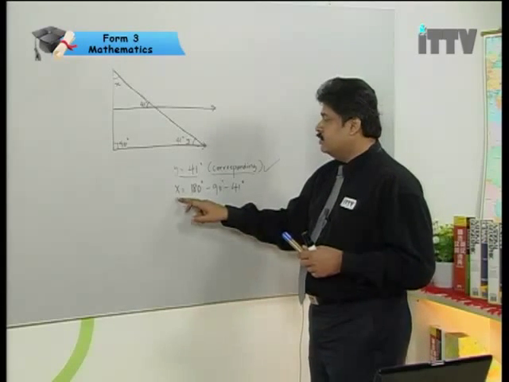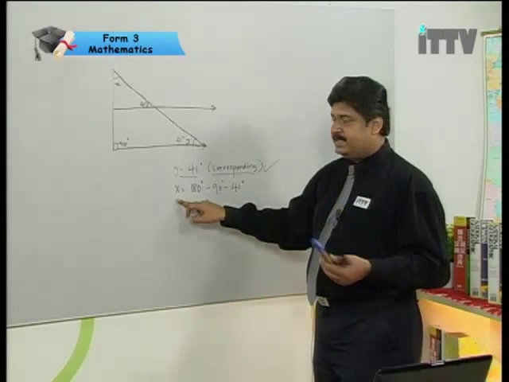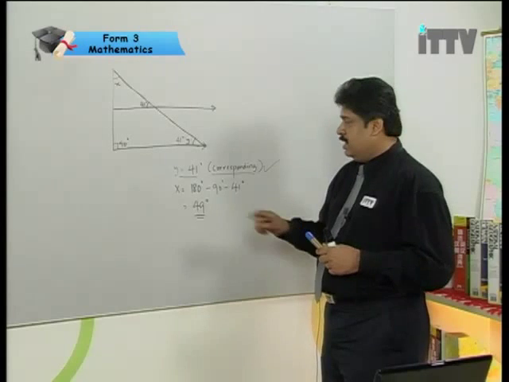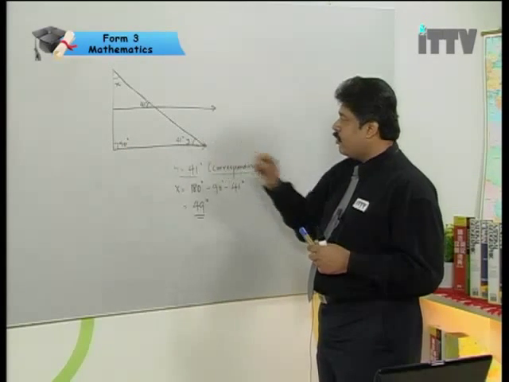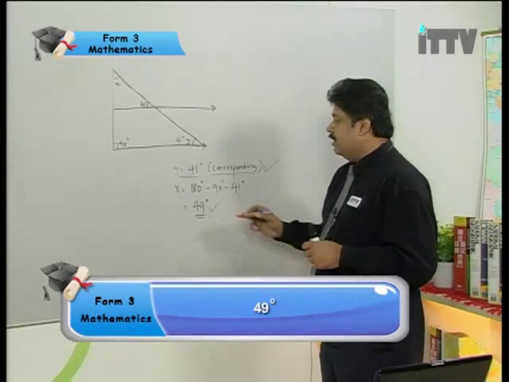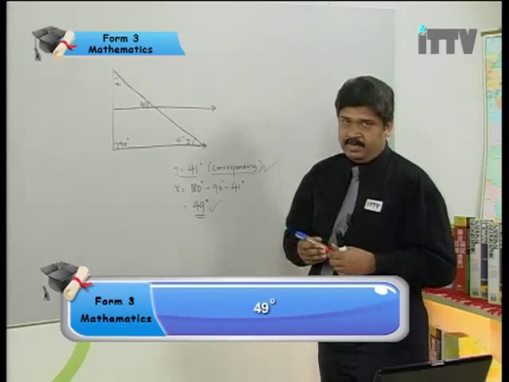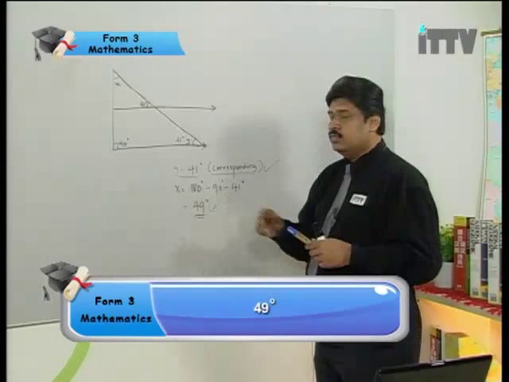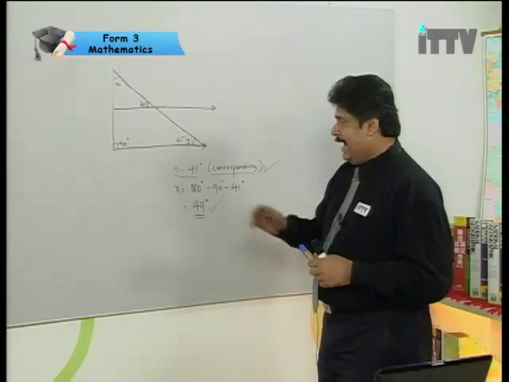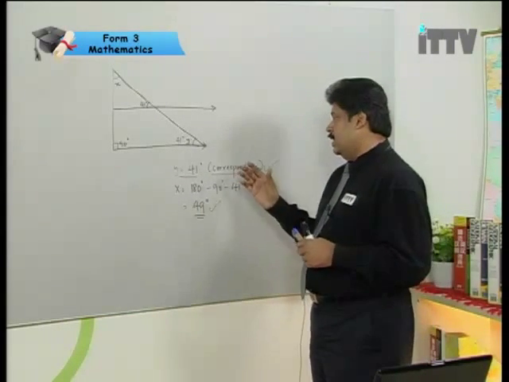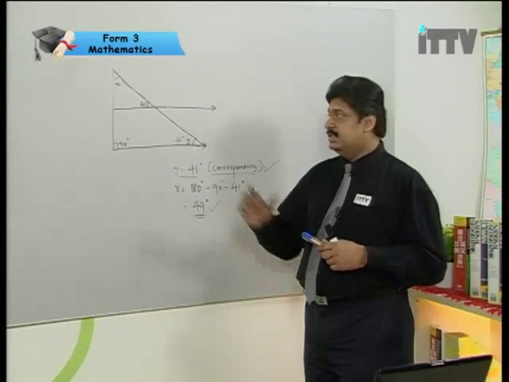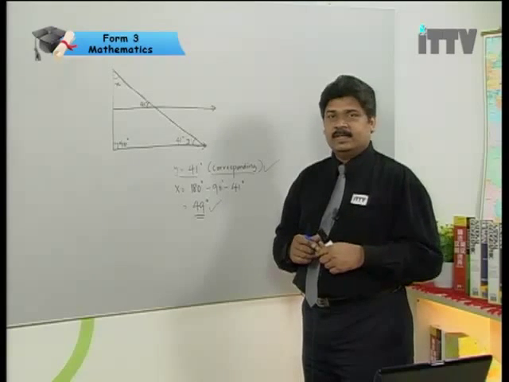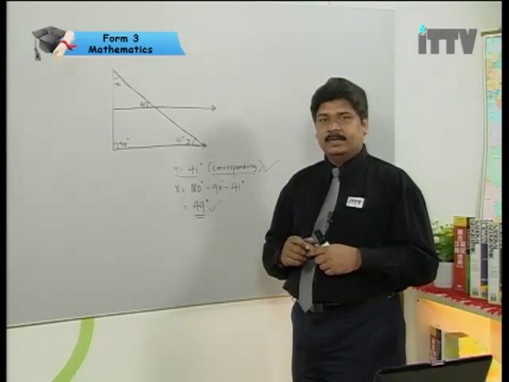Therefore, in order for me to obtain X, I take 180 degrees minus 90 degrees from here and 41 degrees from Y, I will obtain 49 degrees. Therefore, in order for me to get the value of X, I am using not issues of parallel lines, but issues of triangles. This is how you attempt this question. Let's move on to the next question.